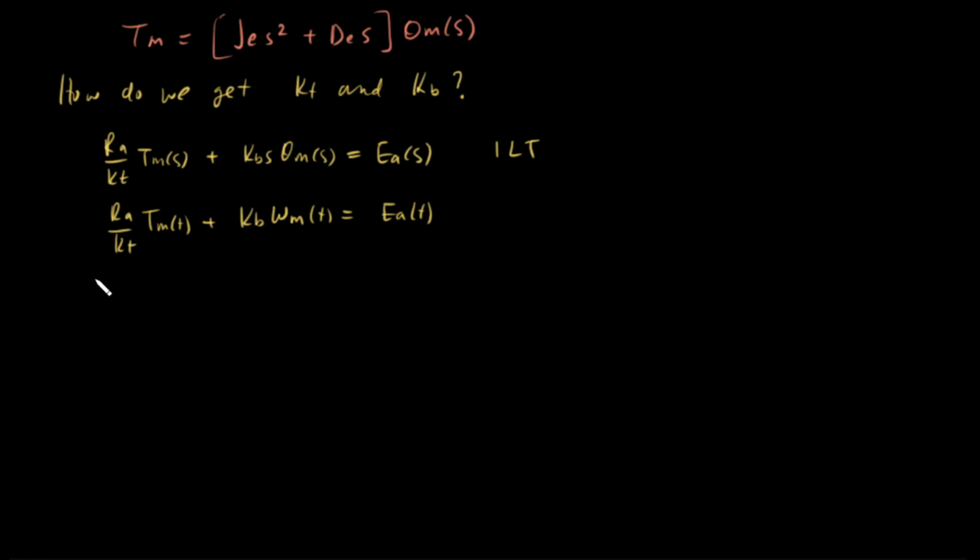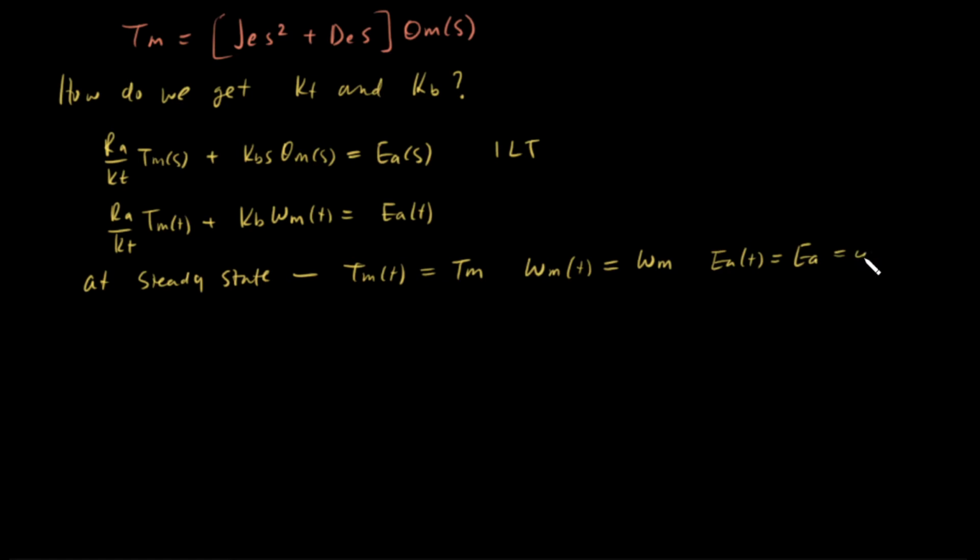And we'll look at this at steady state. At steady state, the motor torque is just equal to Tm, omega m is the constant speed of the motor, and the applied voltage will just be EA. And these are all constants.